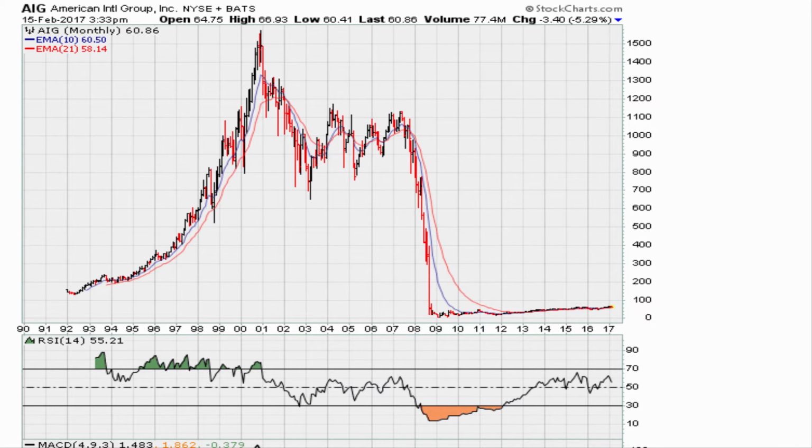What I mean by that is there's a lot of stocks that are showing major sell signals, which begs one to wonder why, if the market is so strong, some sectors of the market don't look as great. But anyway, back to AIG.